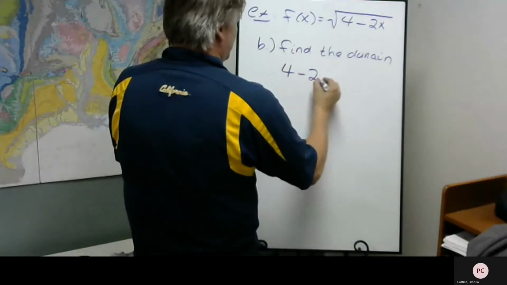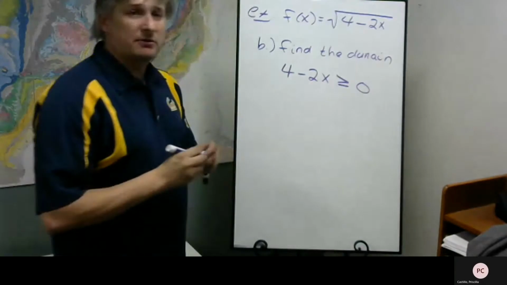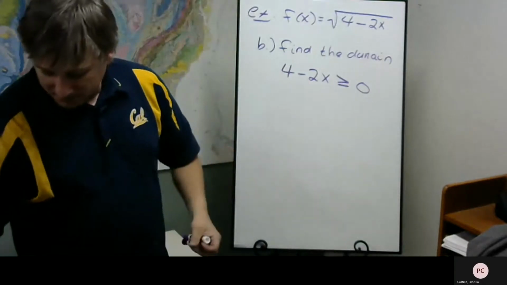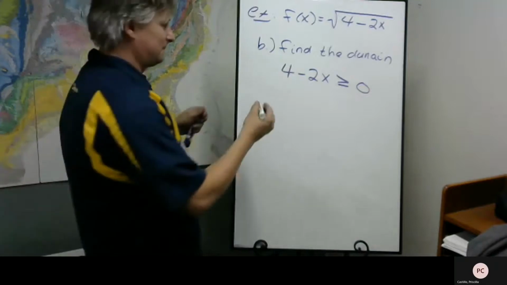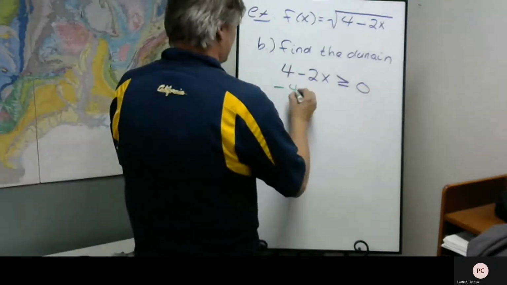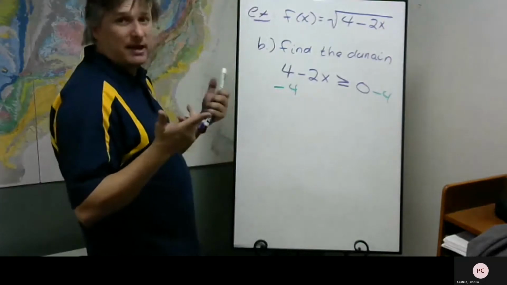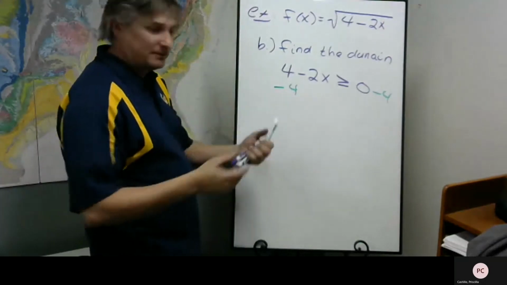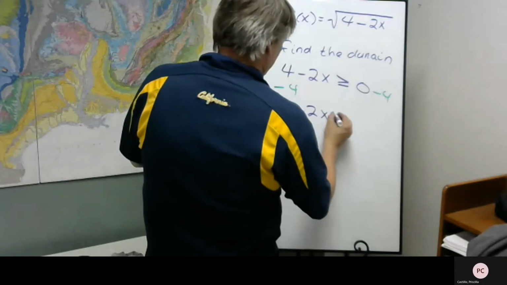So 4 minus 2x must always be greater than or equal to 0, and we're going to solve for x. Because this will tell us about x, what it can be and what it can't be.